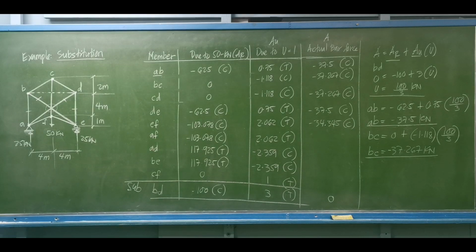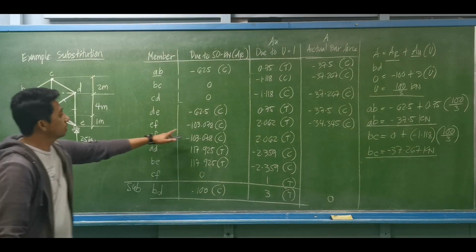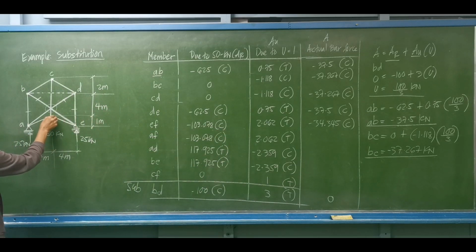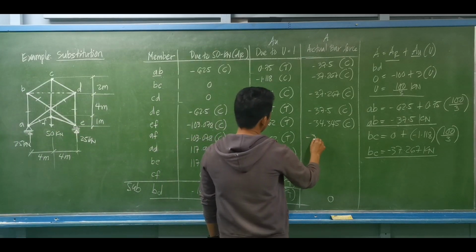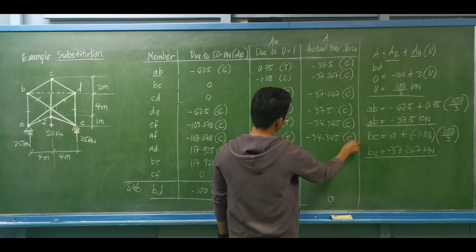So who is the same as EF? EF is the same as AF. So this is negative 34.345, also under compression.